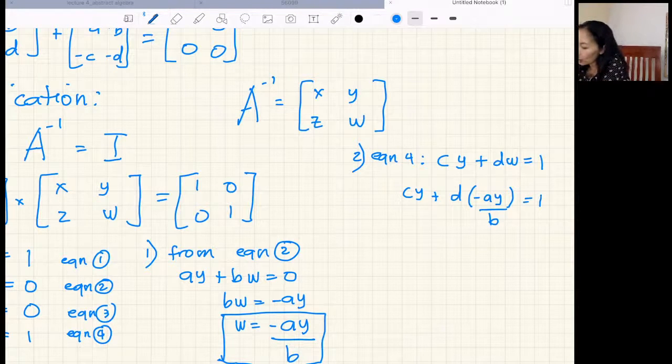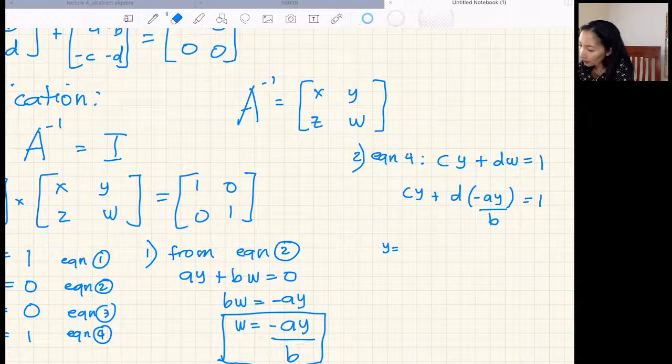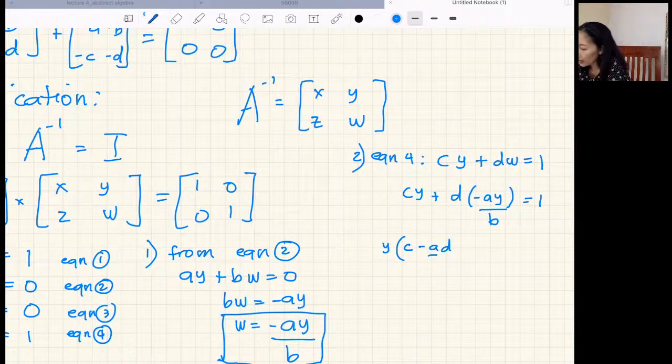Now, take note that Y is now common to both, so we can factor it out. So, this becomes Y times, factor it out, Y times C minus AD all over B. C, factor, Y, bring this out.